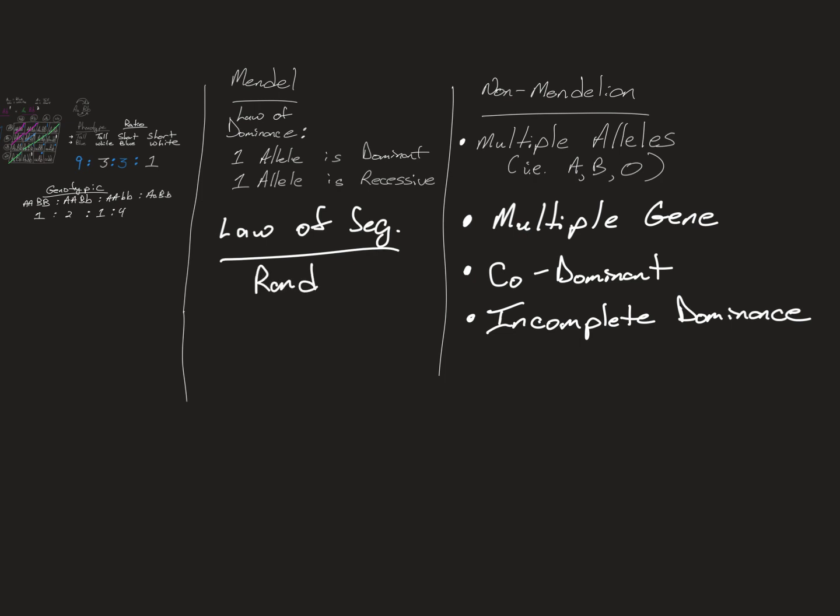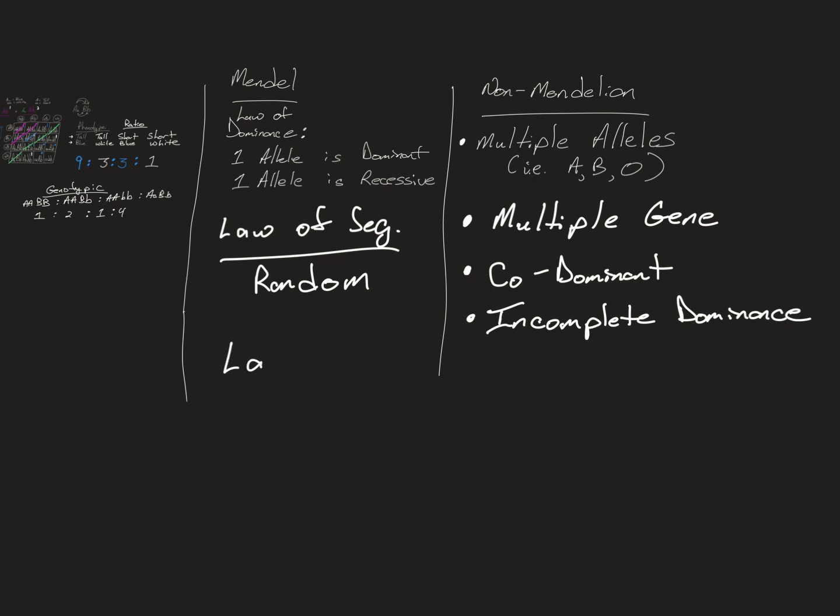Now, that's still accurate. Random distribution of chromosomes. You don't know which egg is going to get the big A or the little A. You don't know which sperm is going to get the big A or little A. It's random. That part, as far as we know, is still accurate.